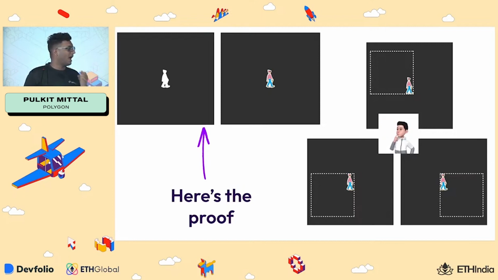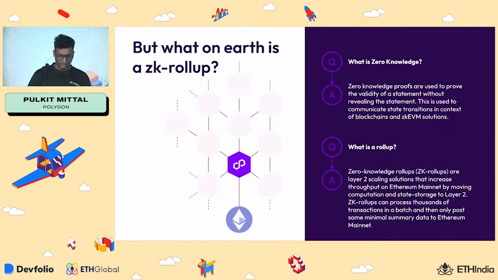Only I know, but I have proved to you that I know the location. So this is technically how zk works, right? In real life, zk works with complex maths and cryptography to prove the validity of a statement without actually revealing that statement.